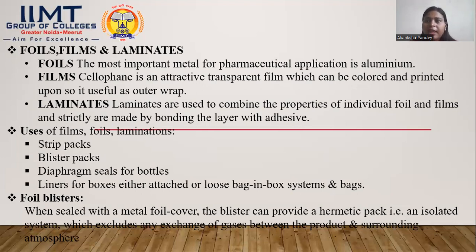If we are protecting any product inside a container and cover it with foil, it prevents gaseous exchange, acting as a barrier between the two surroundings.